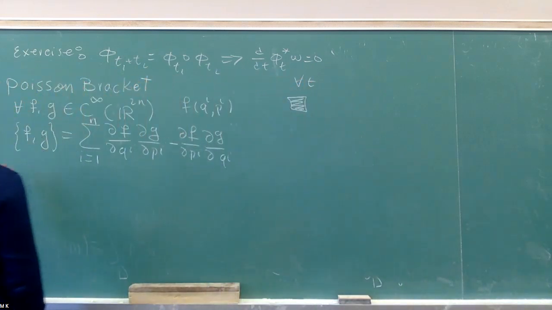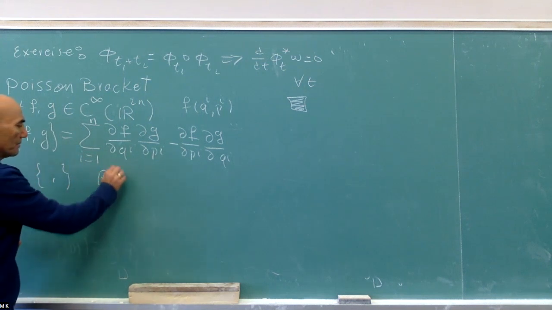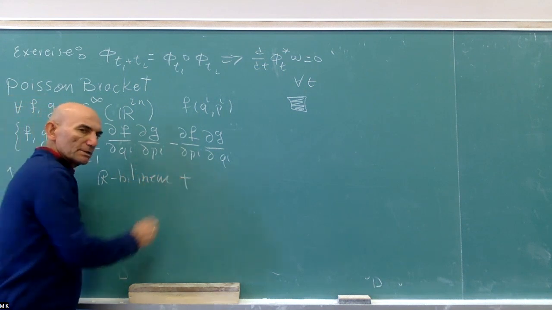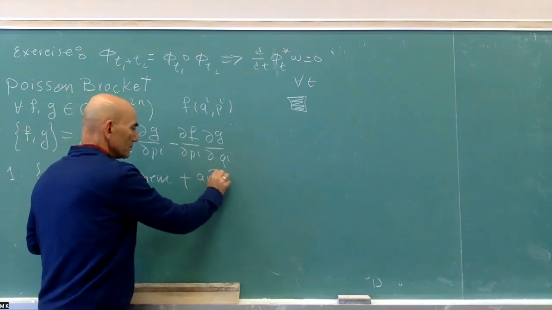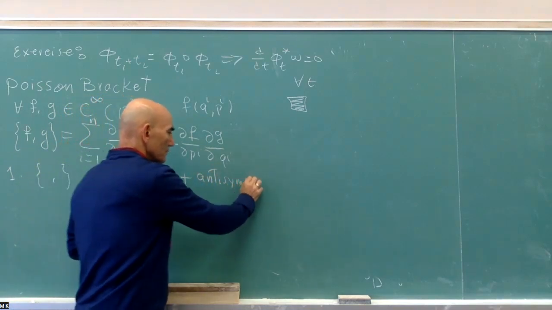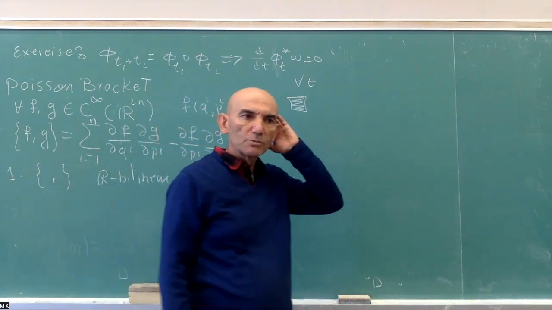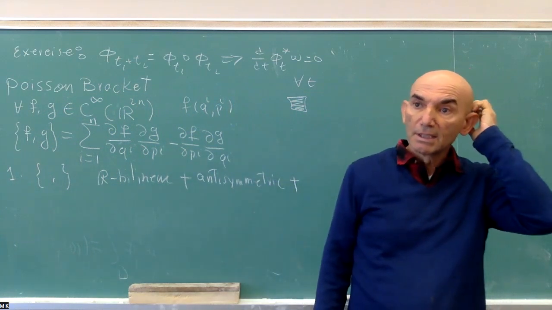So what are the properties of this Poisson bracket? Well, one is that this bracket is bilinear. Of course, it's R bilinear. And it is also antisymmetric. But there is another property which is not very obvious when you look at it, but it's the case.